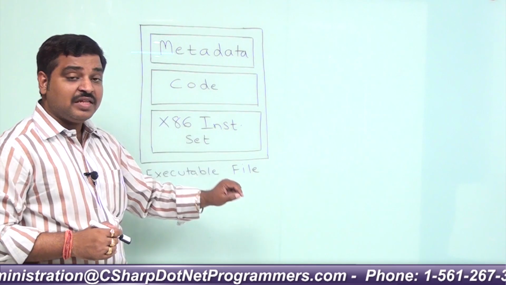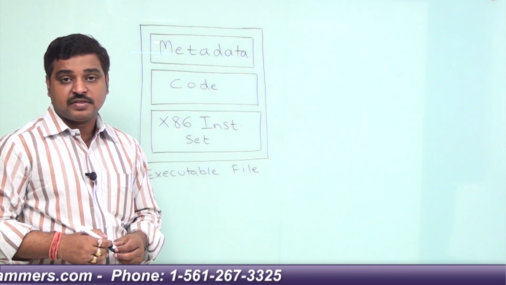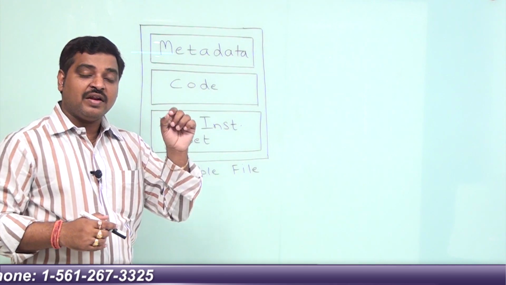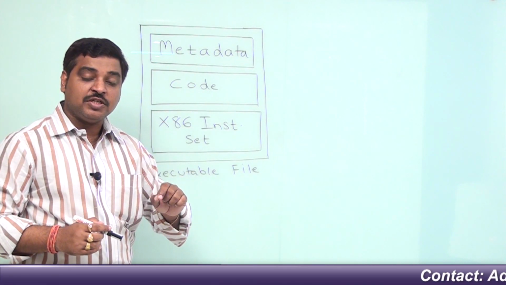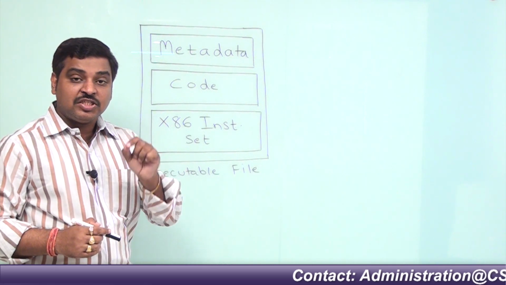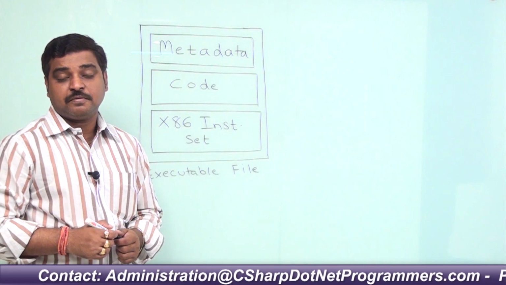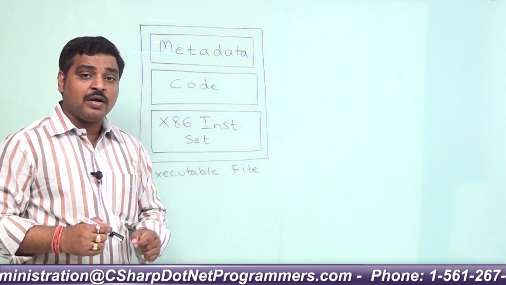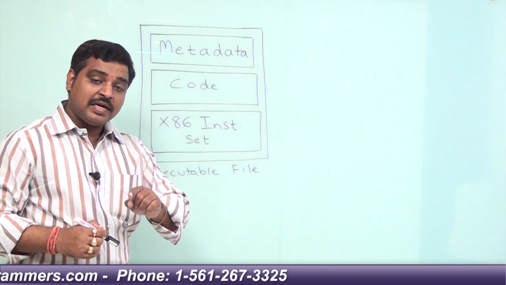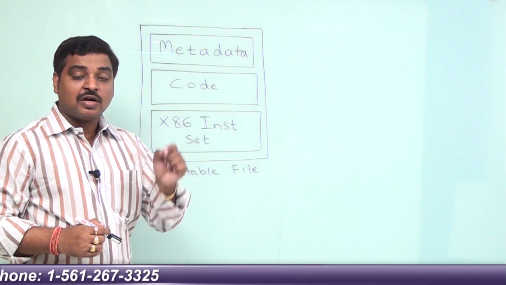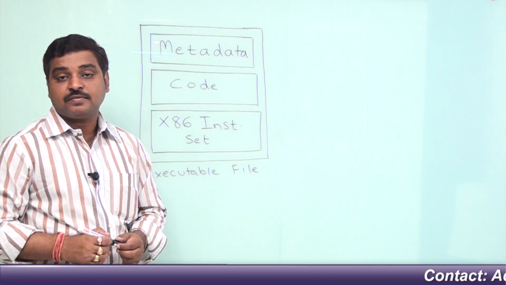The code present within the executable file will be in the native format of the operating system, which means that if I write a C program and compile it in Windows, after the application is compiled, the instructions will be in the format that Windows can understand. If I write a C program in Linux and execute it, once the application is compiled, the compiled code will be in the format that Linux can understand.